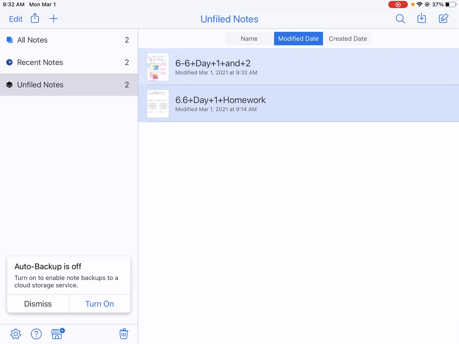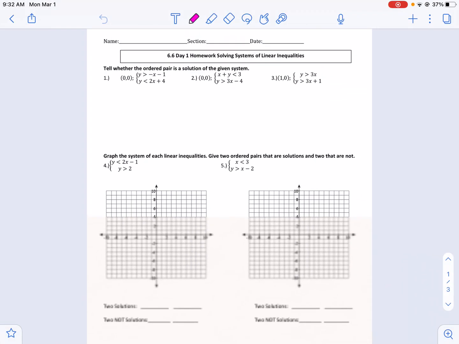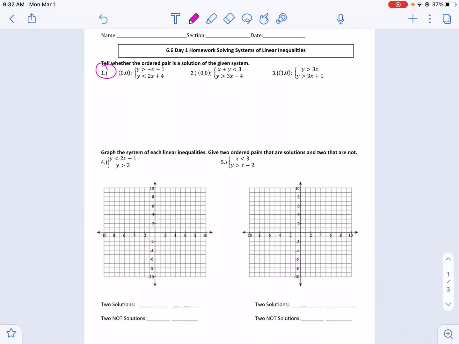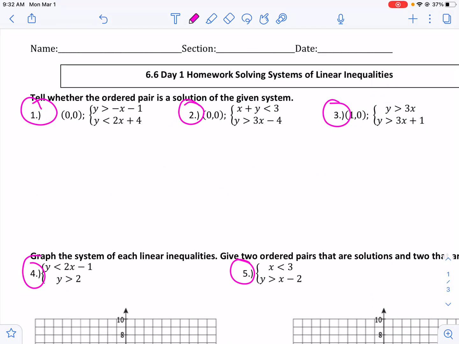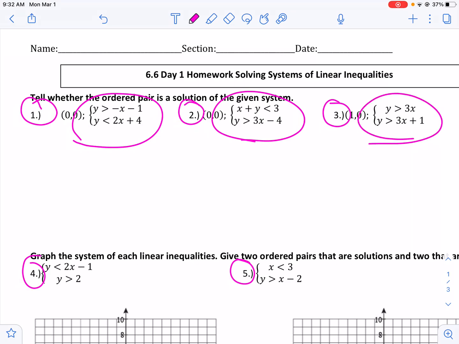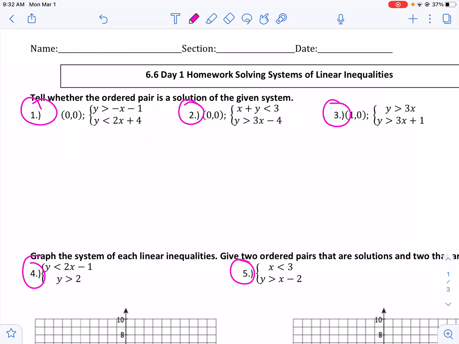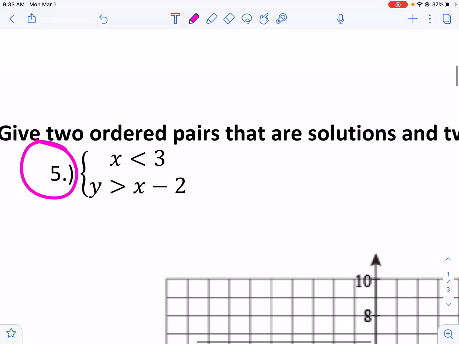Your homework is the first page, numbers 1 through 5. Please note that on numbers 1, 2, and 3, you do not need to have these in slope-intercept form in order to test a point. And I also want you to note that number 5, your x is less than 3. This will be a vertical line.